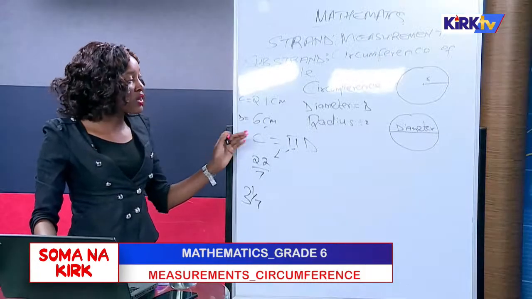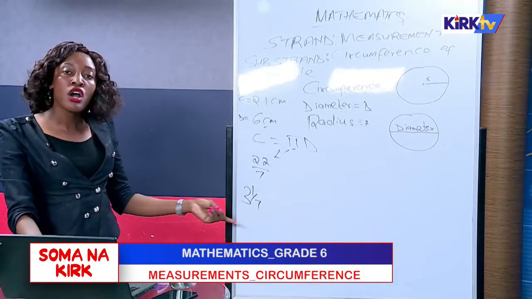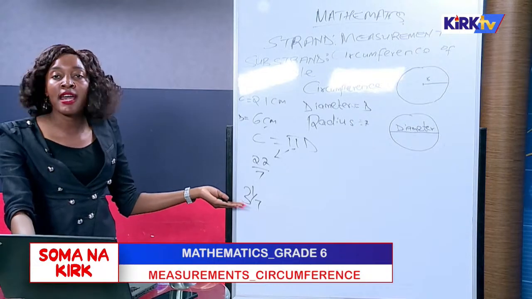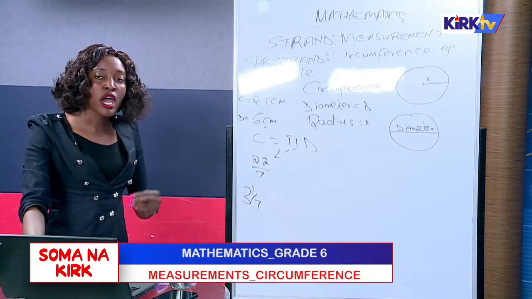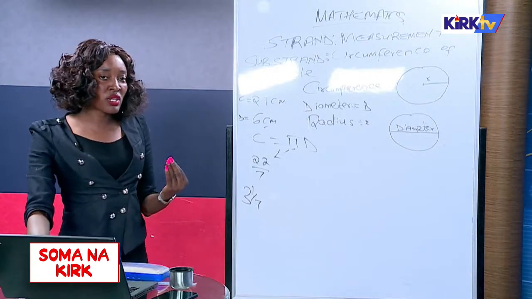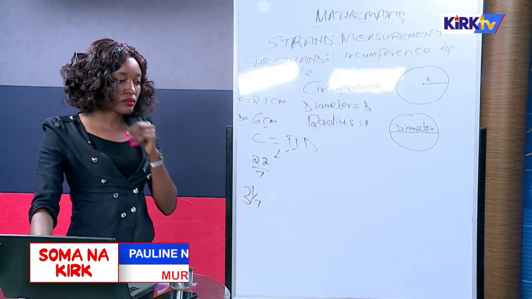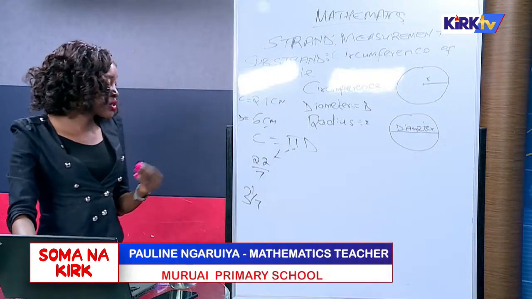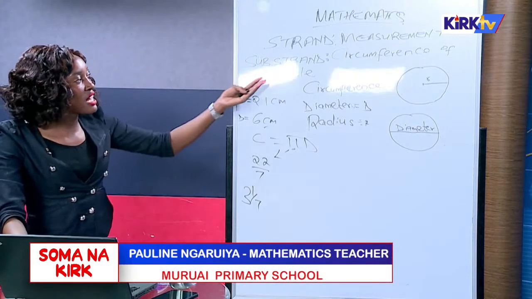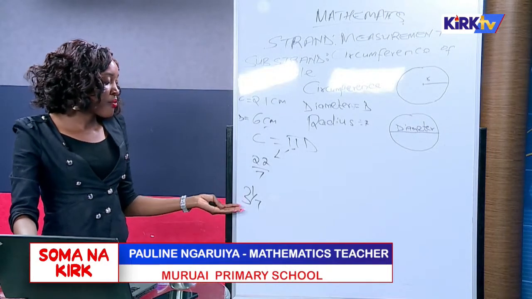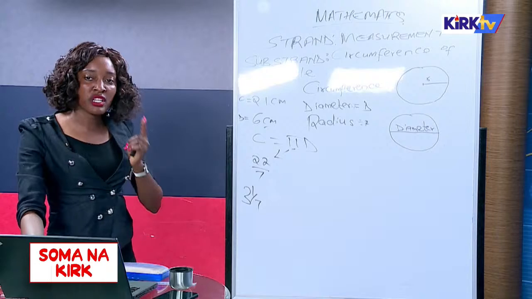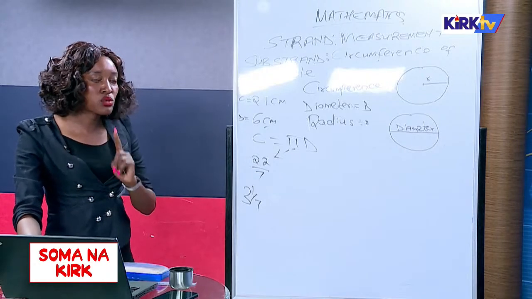Of course, if you're calculating the circumference of a circle, you can't use the mixed fraction, because you have to convert it into an improper fraction. So sometimes when you're brought a question and you're told to find the circumference and take pi as 3 whole 1 over 7, I know you're a smart learner. What are you supposed to do?